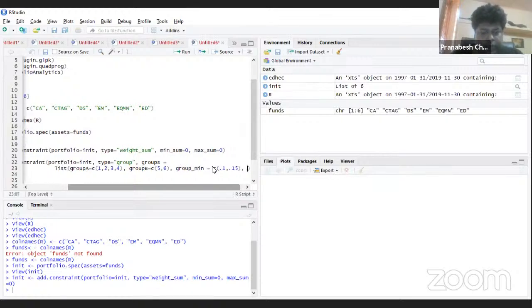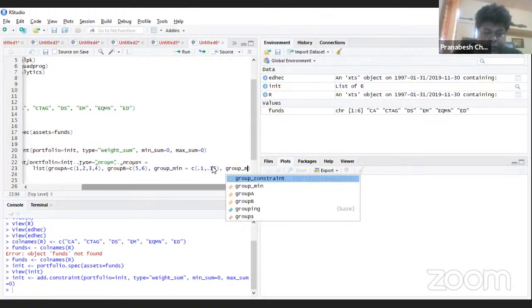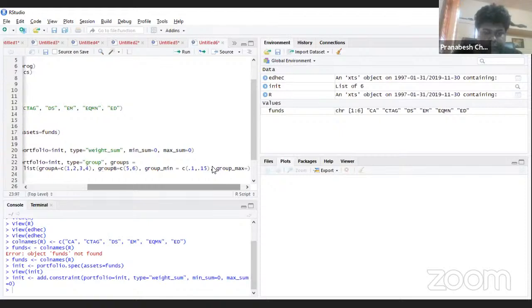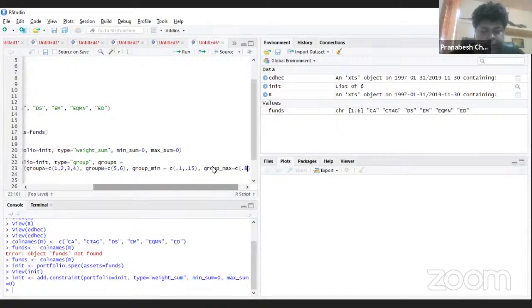And let's say group_max you will give 0.85, 0.55.